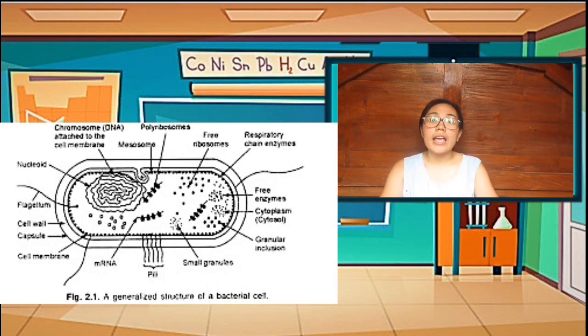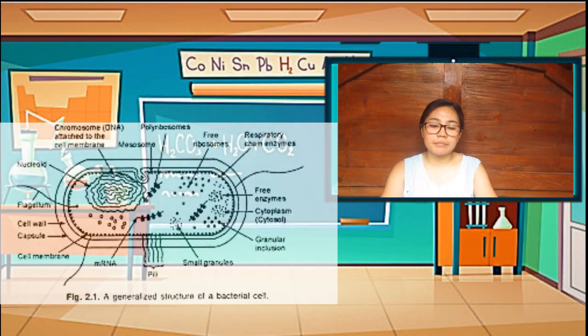ribosomes, inclusions, chromosome, plasmid, nucleoid, cytoplasm, mucilage, mesosome, polyribosome, glycogen, lipid globule, and cytoplasmic membrane.